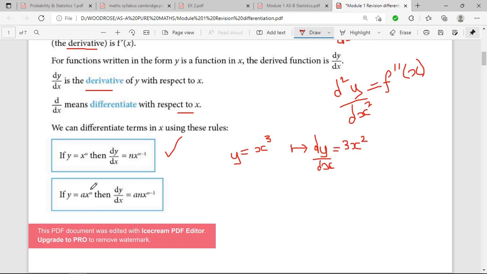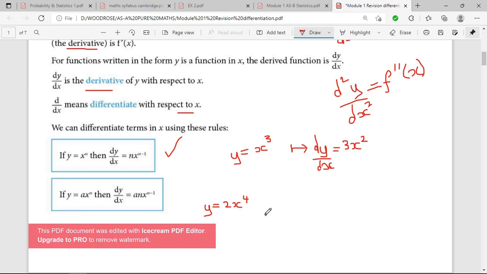Again, if we have this function, for instance, y is equal to 2 x to the power of 4. As you can see, our a is 2, our n here is 4.